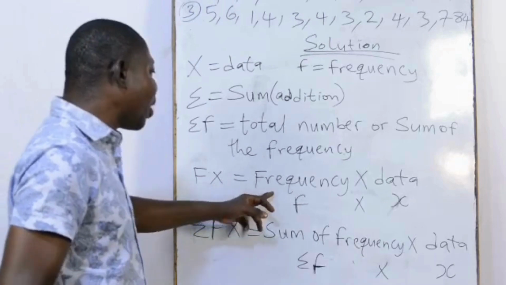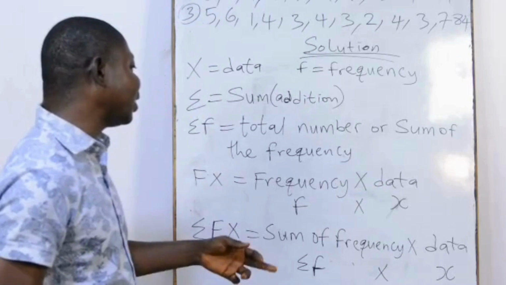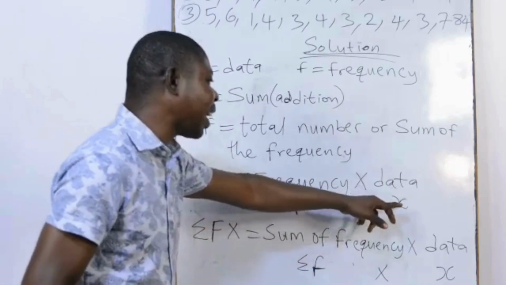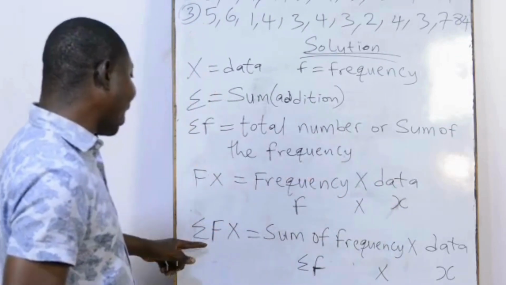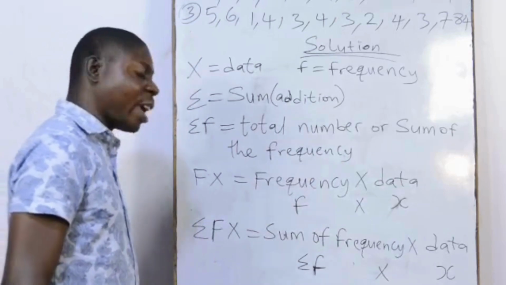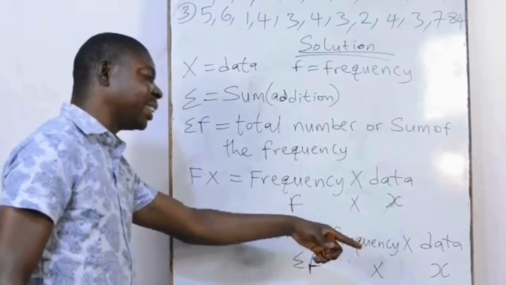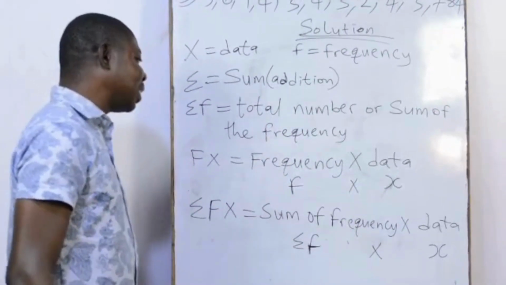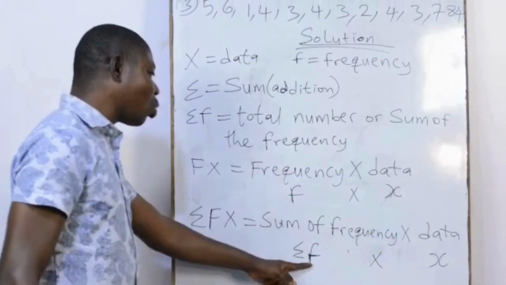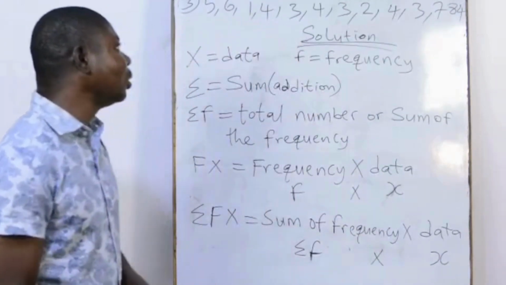Fx means frequency times data, that is F times X. So summation Fx is the sum of frequency times data.